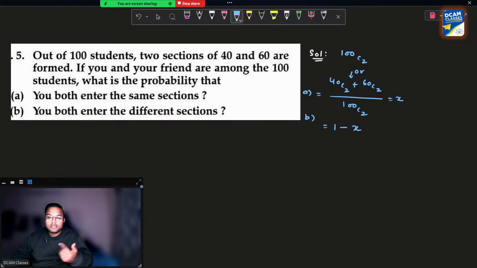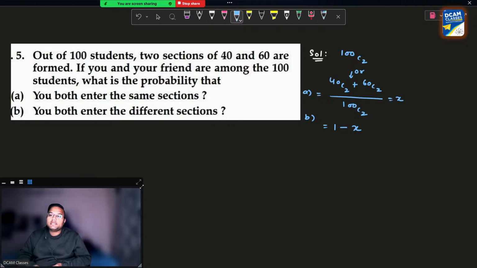For the second case, you both enter the different section. Different section means there will be different cases. Either you are present in a section of 40 and your friend is present in a section of 60, or you are present in a section of 60 and your friend is present in a section of 40. These 2 cases can be there. The other way you can do it, because these are exhaustive, there are only 2 cases.